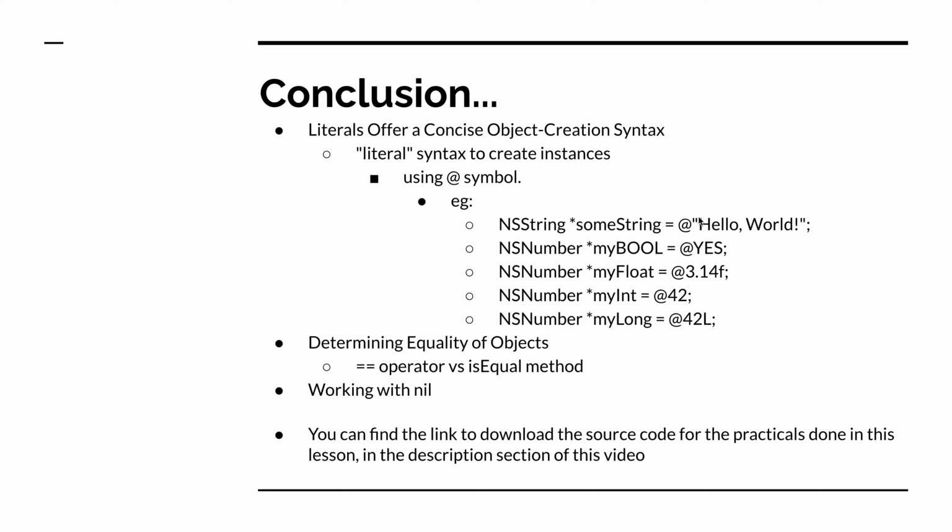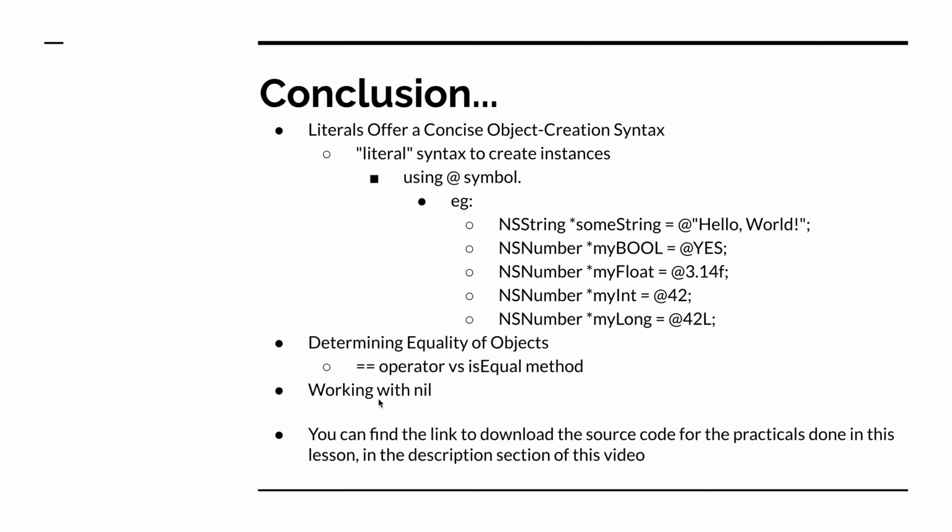Not all classes allow this, but some classes like NSString and NSNumber do. Then the difference between the equal operator and the isEqual method. For primitives, the equal operator checks the values. But if you use it to compare pointers, it will compare the memory locations. If you really want to compare the values of two objects, you have to use the isEqual method.